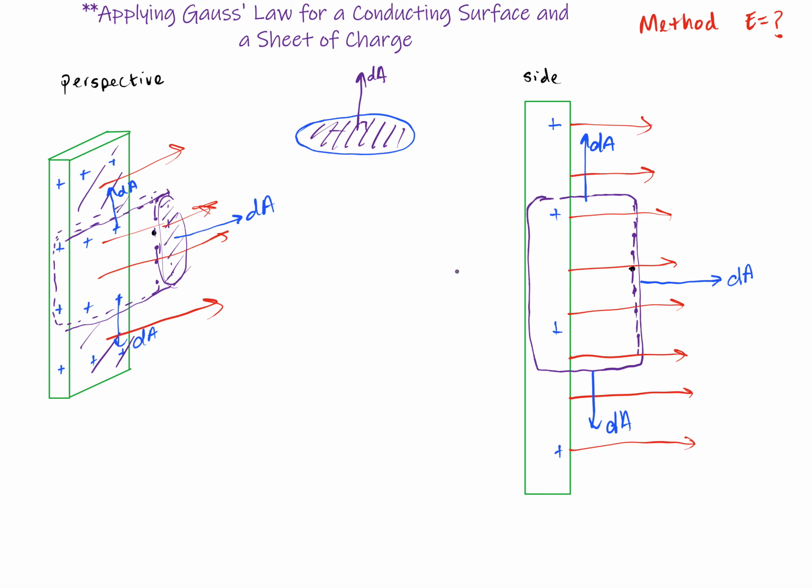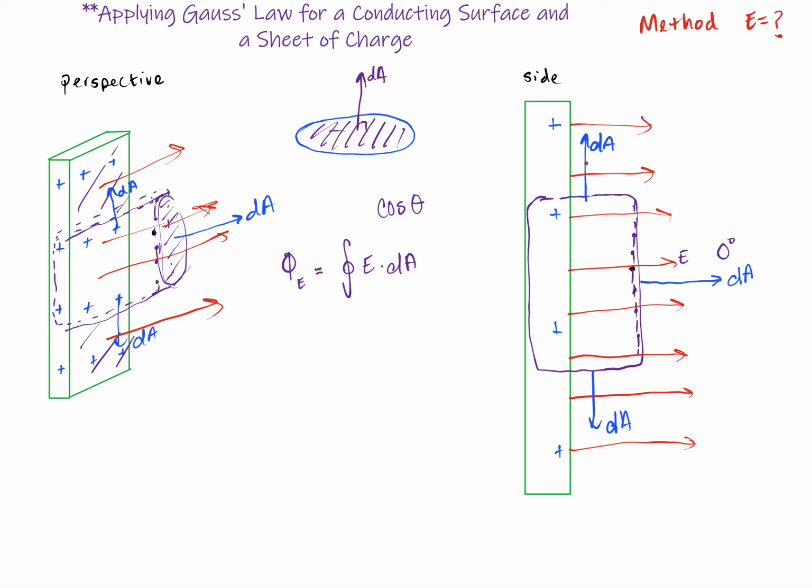So if we remember, electric flux is equal to the surface integral of E dot dA. So in other words, the dot product here, remember, is the cosine of the angle between the E and the A. If I look at this over here, the angle between this electric field vector and this area vector is 0 degrees.